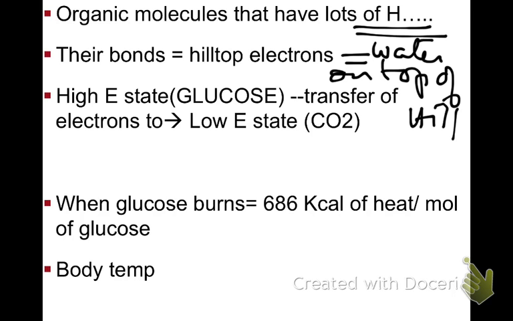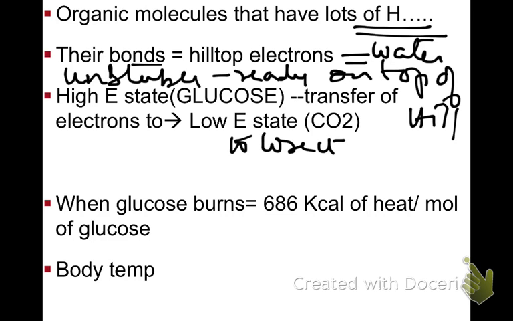They are in a high energy state, meaning they are very unstable and ready to lose it. And so they transfer the electrons and then they get converted into a low energy state.